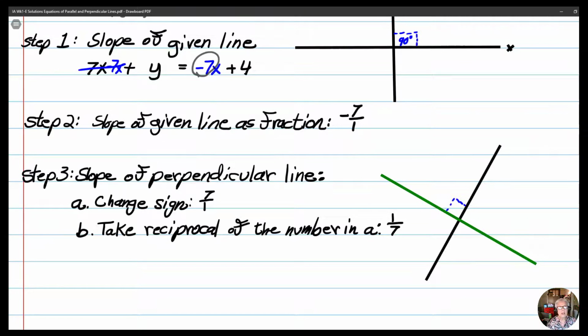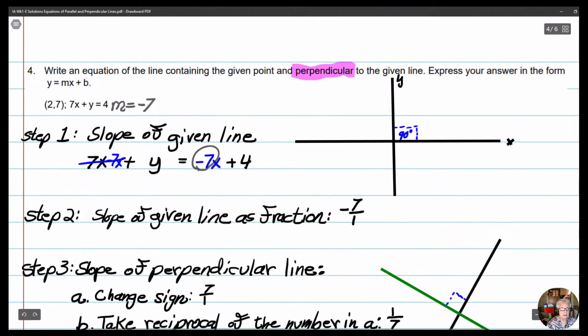The slope of a line perpendicular to the given line is 1/7, positive 1/7.